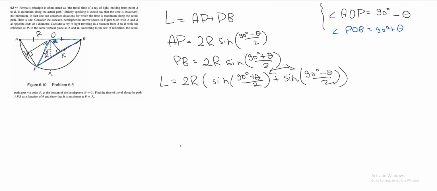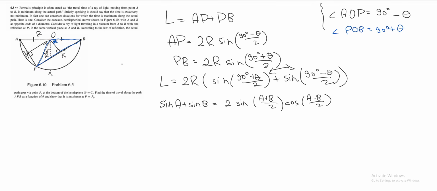Whenever you get the sines, you think of this, but you can use a way more simple trigonometry formula, which you can try to determine yourself or search online for. It's rather simple, and it says that sine A plus sine B is equal to 2 sine of (A plus B) divided by 2 times cosine of (A minus B) divided by 2.